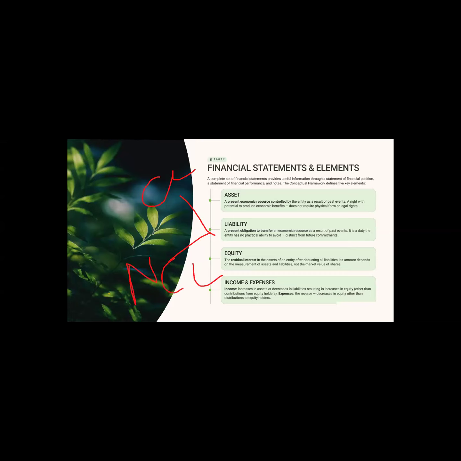Non-current liability means those are the liabilities which are greater than 1 year. We can say the bank loan. Normally, bank loans are non-current liabilities. Current liabilities means those are the liabilities we can settle within the 12 months period, within the 1 year period, like trade payables, or else bank overdraft, OD, as well as other small liabilities.